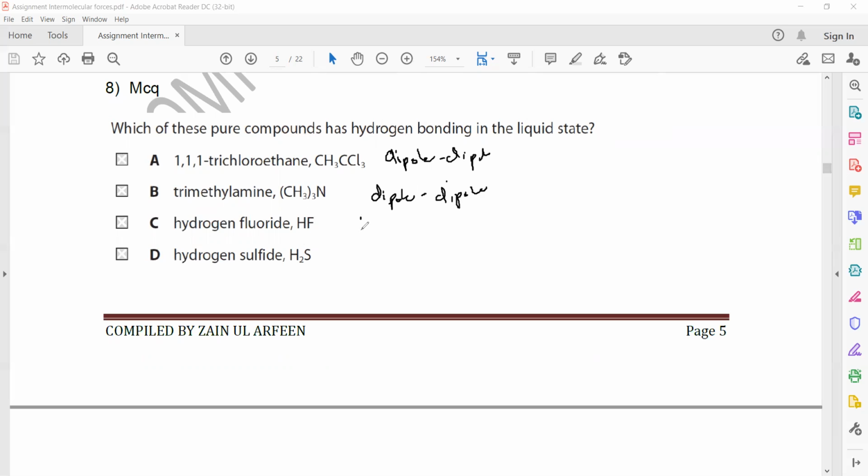Hydrogen fluoride will have hydrogen bond because hydrogen is bonded with the most electronegative element, and hydrogen sulfide will have dipole forces and dipole-induced dipole. So C will be the right answer for discussion. Because hydrogen bond is there when hydrogen is bonded to the most electronegative elements such as fluorine, nitrogen or oxygen.